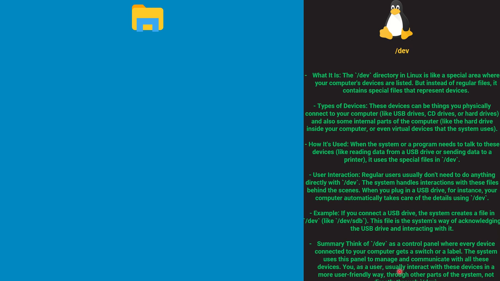You as a user usually interact with these devices in a more user-friendly way through other parts of the system, not directly through the /dev directory. This directory is specially used by the system for its own interactions, and only during troubleshooting would system admins go into it.